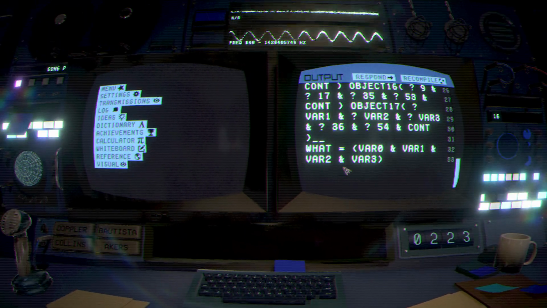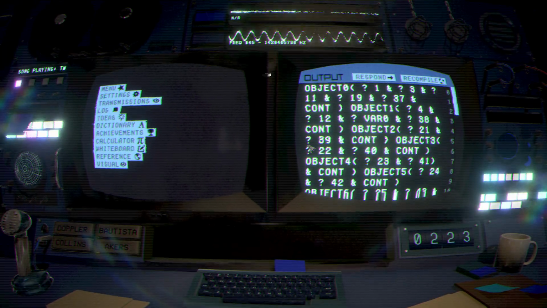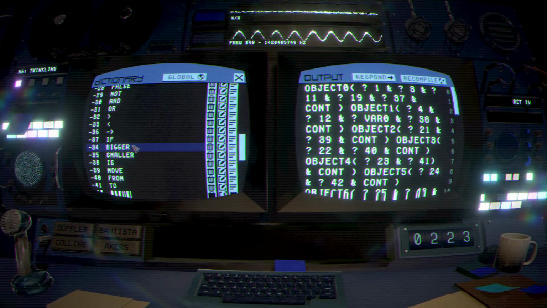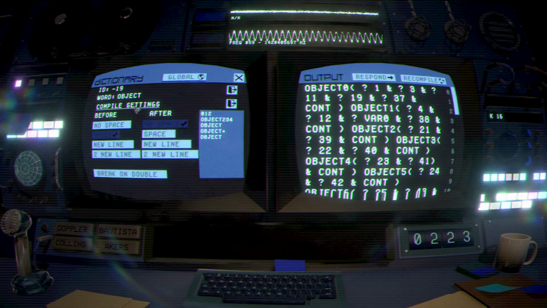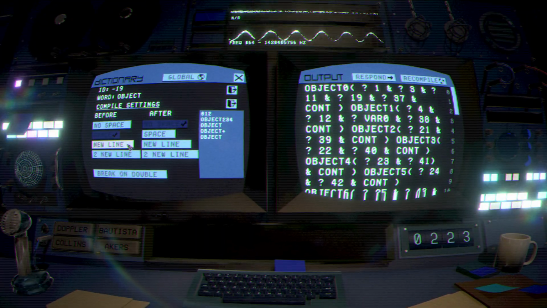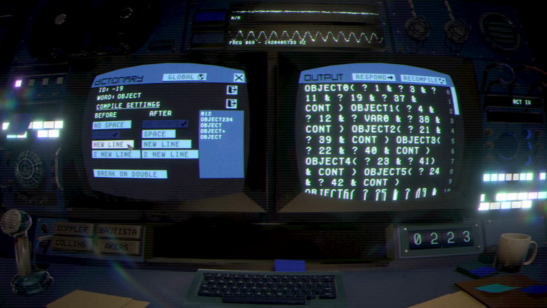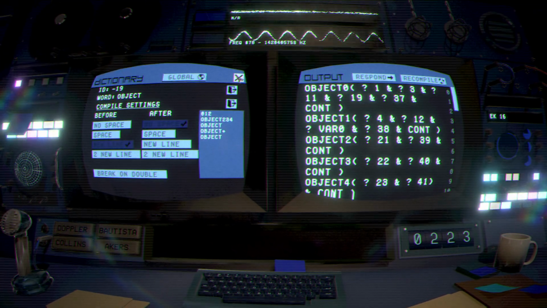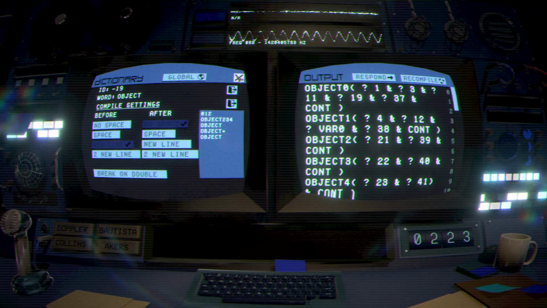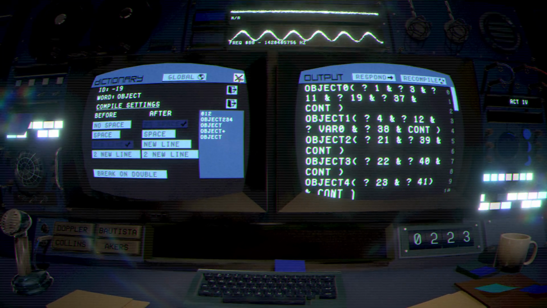No visualization on this one. And this is a damn mess. Let's go to the old dictionary. Object. Recompile. Alright, so object 0.